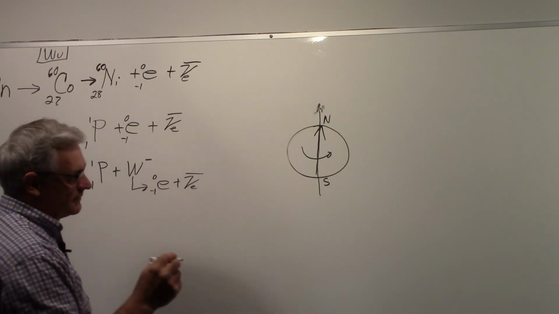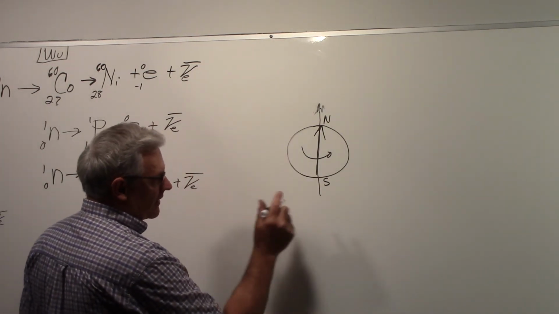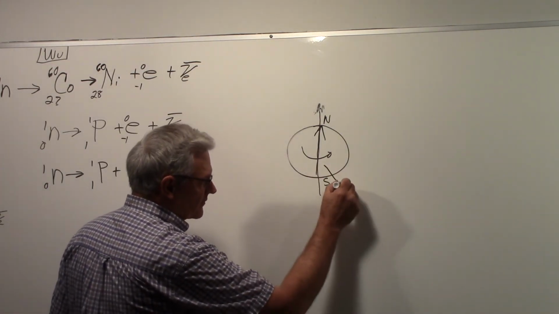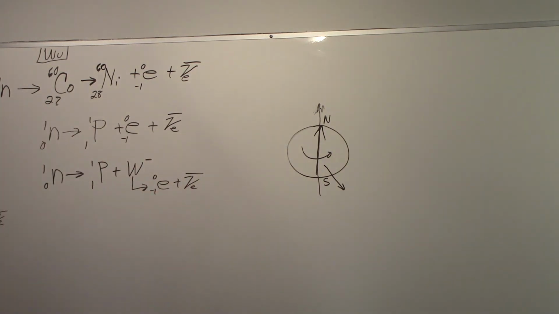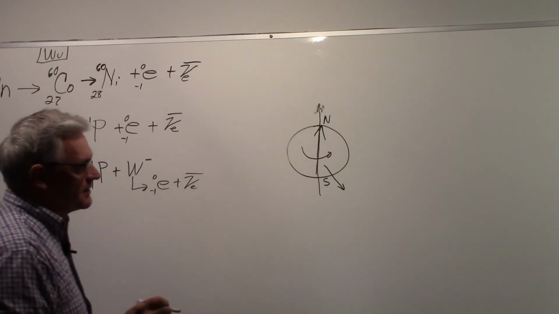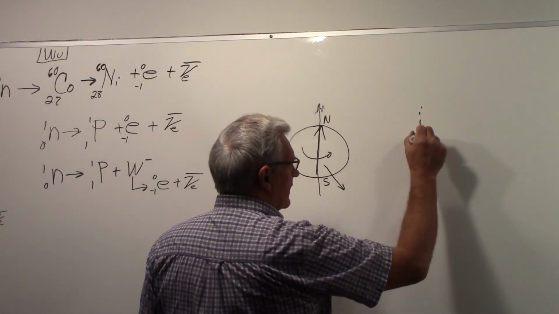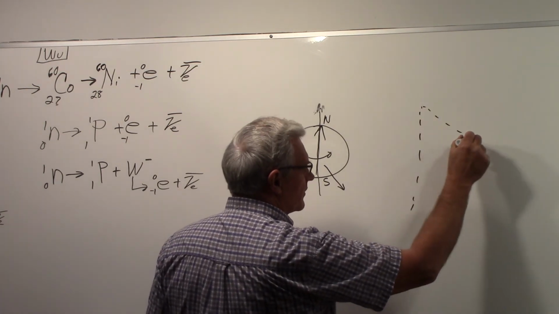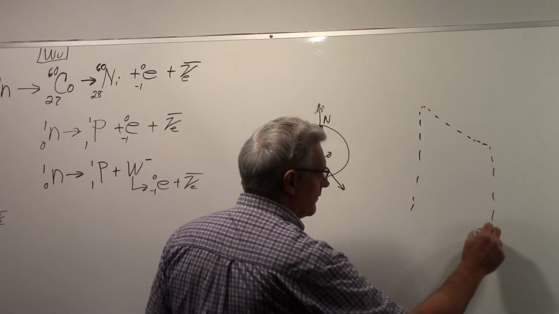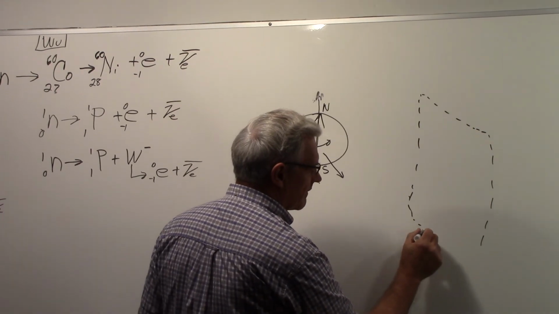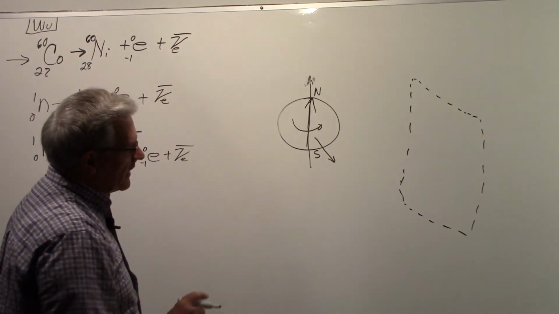What Wu found was that when the beta decay takes place, the electron comes out this way. So now the trick, or the step, is to take a look at how this would appear in a mirror. So here's our mirror, and we're going to look at that in the mirror.